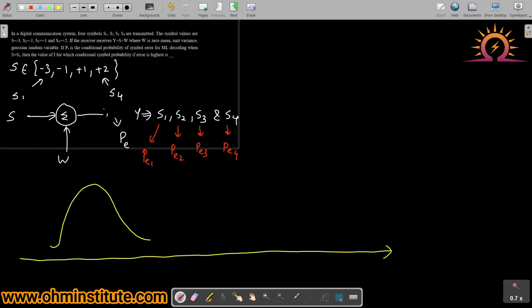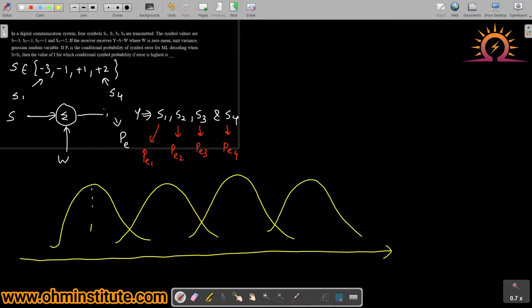The PDFs will again be Gaussian because the random variable being added to the transmitted symbols is Gaussian. So we'll have four conditional PDFs. This is -3, this is -1, this is +1 and this is +2. This is what is being received. Received is Y. These are the possible values of Y.